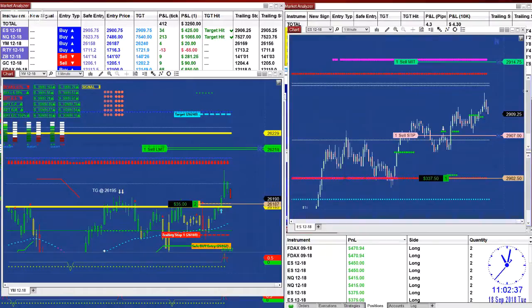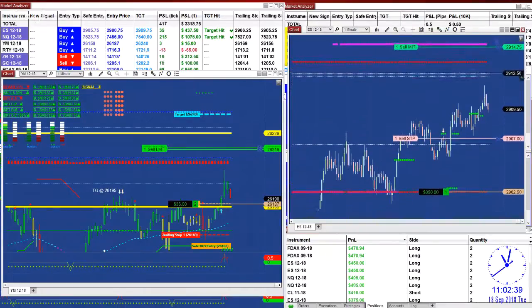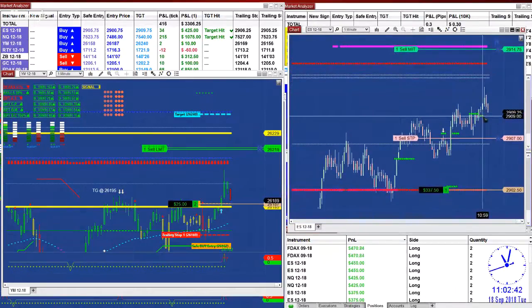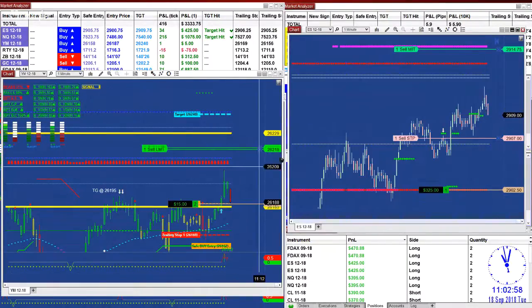Okay, now we need to see if this ES is going to hold at 909, otherwise close that trade. It is very important that 909 holds position on the ES. Anything below that, close position, please.